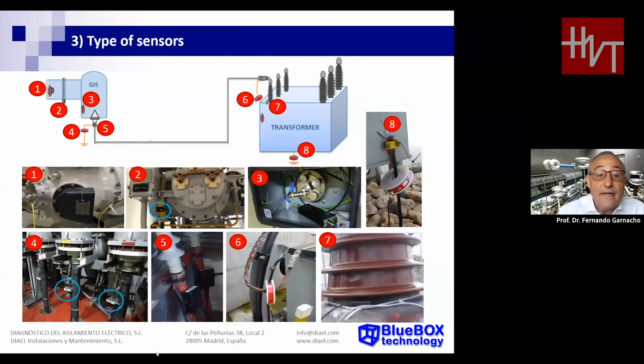Sensor 2, the picture you can see, is a TEV sensor placed in a spacer. Sensor 3 is an invasive ultra high frequency sensor. Sensor 4 is a high frequency current transformer.